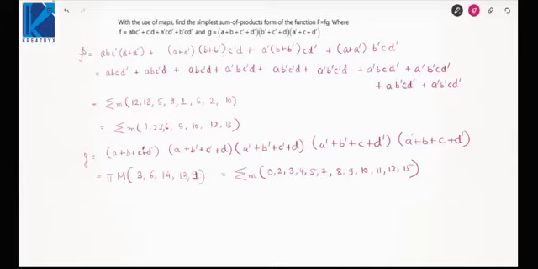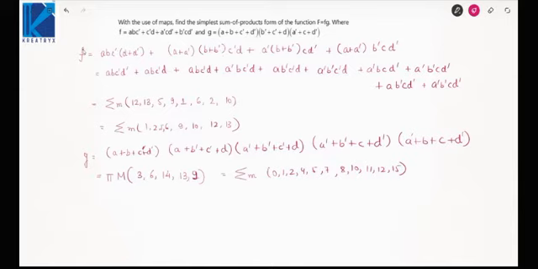This should actually be 9. Okay. If it is 9, 9 will be erased from here and 1 will appear. So it will be 0, 1, 2, 4, 5, 7, 8, 10, 11, 12, 15. Okay. These terms will appear.